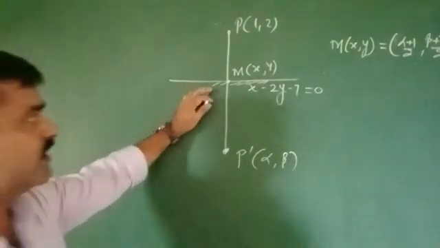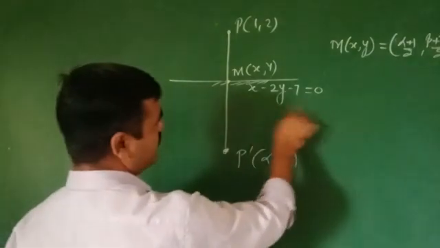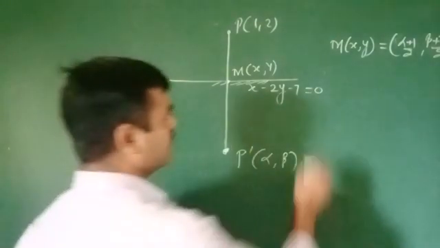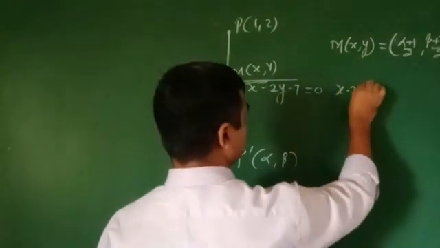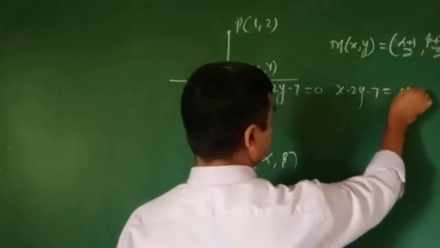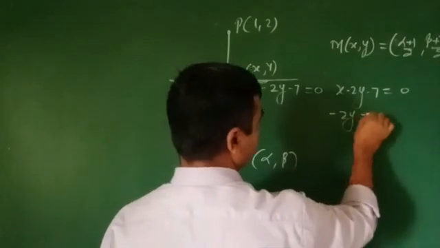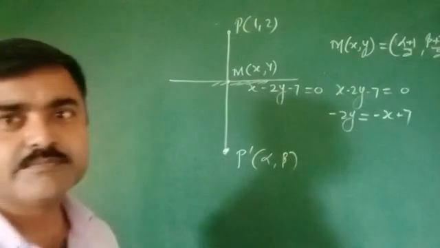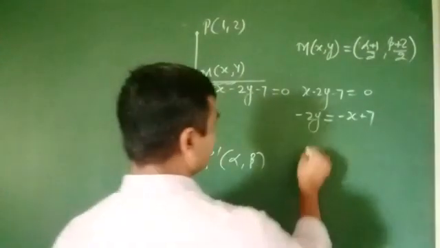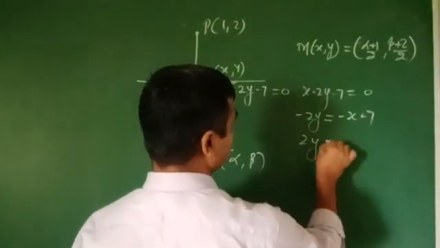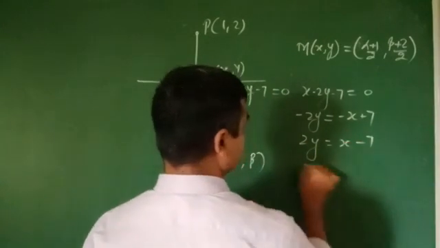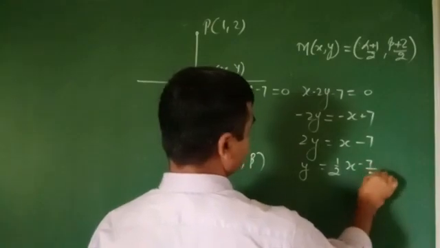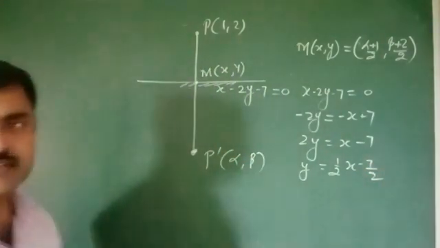Now see, what is the slope of this line x - 2y - 7 = 0? Here x - 2y - 7 = 0, so 2y = x - 7, y = (1/2)x - 7/2.